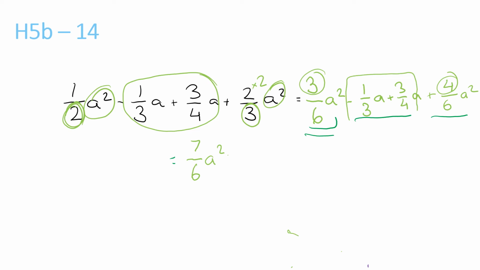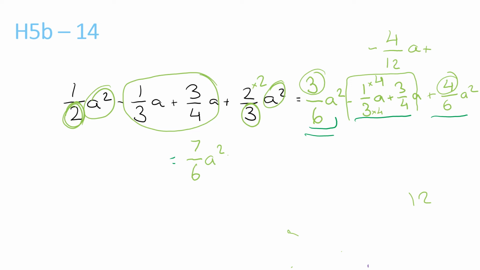So the LCM of those two numbers is 12. Because 3 times 4 is 12, and it's the lowest number that they both go into. So you're going to have to times the top one by 4. So it would be minus 4 over 3 times 4, which is 12a.